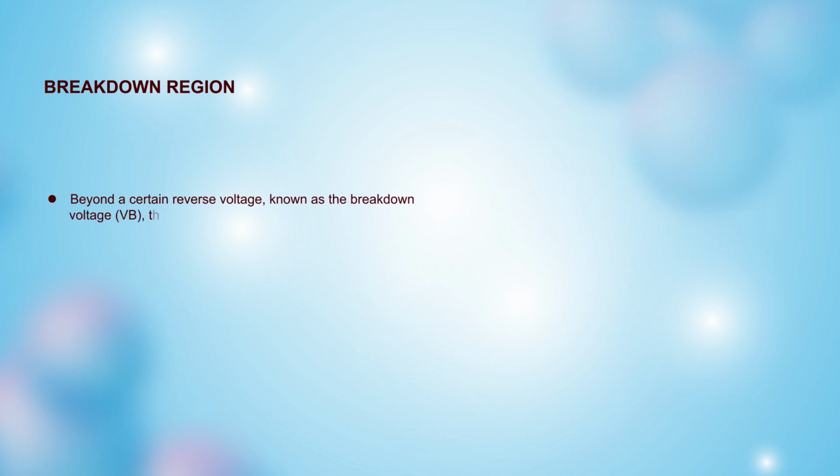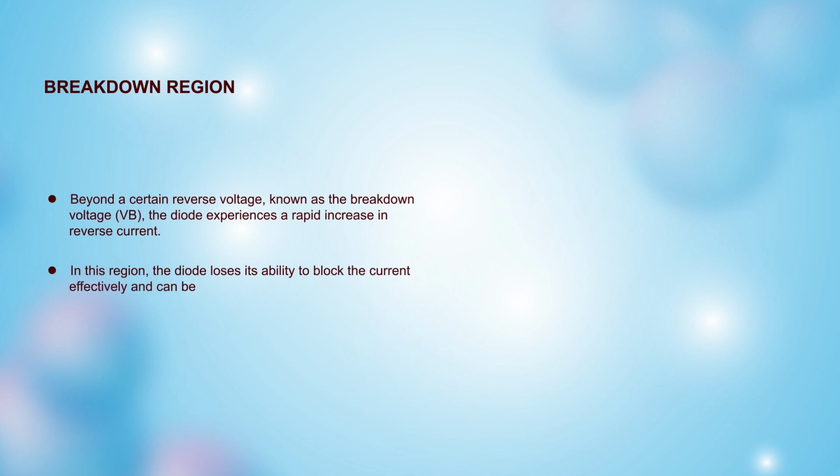Now, in the breakdown region, beyond a certain reverse voltage known as the breakdown voltage VB, the diode experiences a rapid increase in reverse current. In this region, the diode loses its ability to block the current effectively and can be permanently damaged.